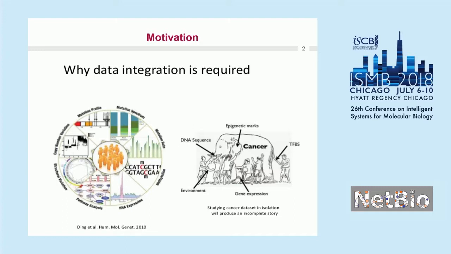But in fact, all of these are just putting their hands onto one or two pieces of puzzles. In order to unravel the whole picture, one has to put all these pieces of puzzles together in order to identify the whole picture behind the pathogenesis of diseases.